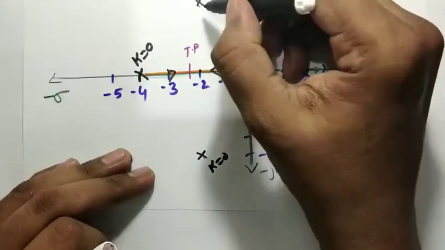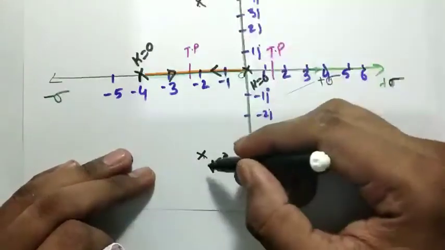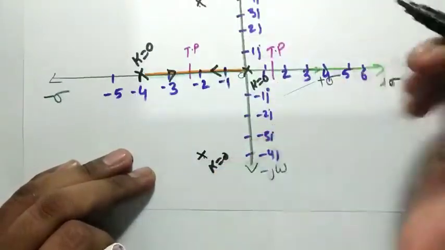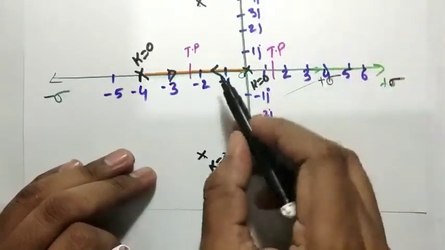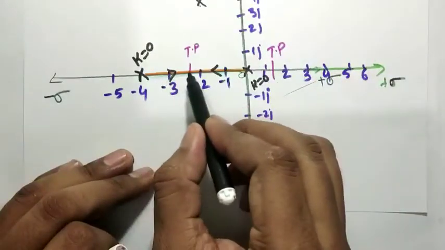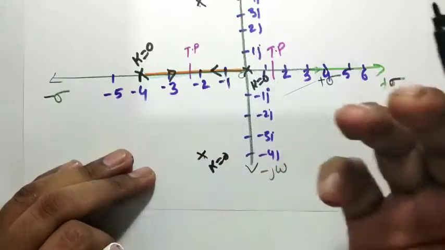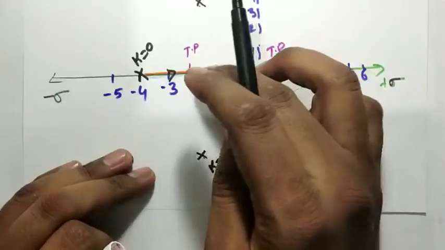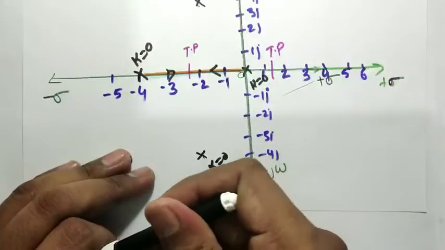What about the other roots? In which direction and at what angle will they move? As the K value increases, they meet at a point and break away. After that, in what direction will they move? All this we have to find.